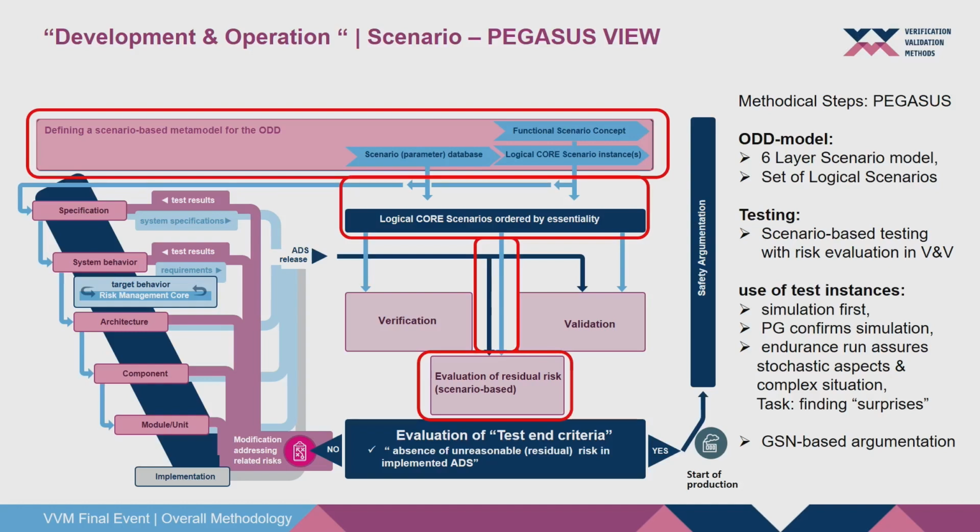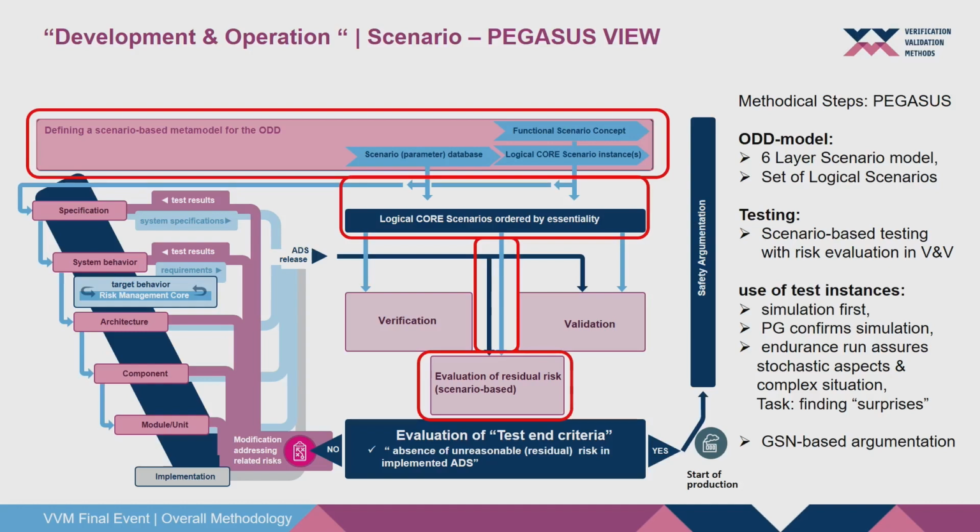So Pegasus uses a very concrete or fixed view in this V&V process. We had a clear concept of the use of the test instances, so simulation first for identifying problems in the ODD with our function.